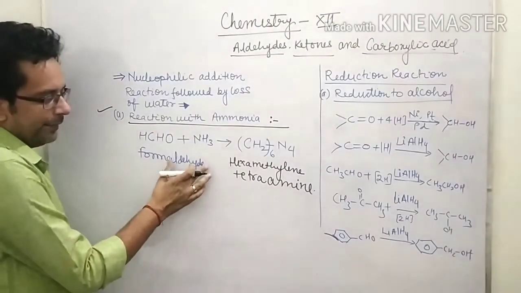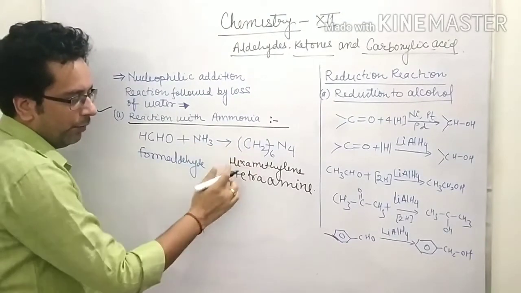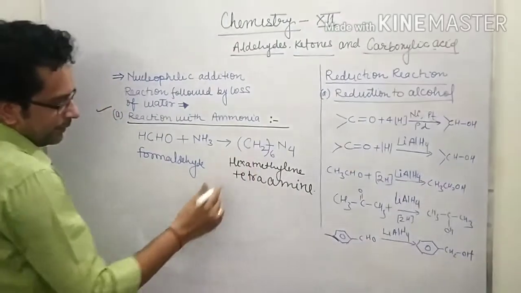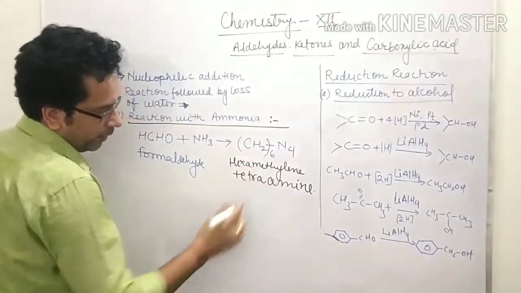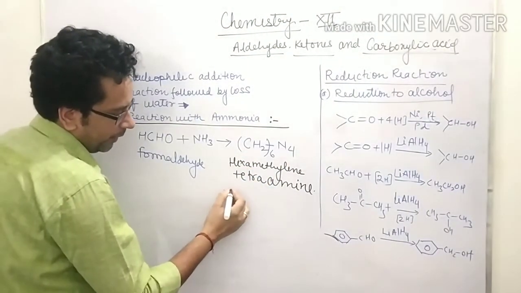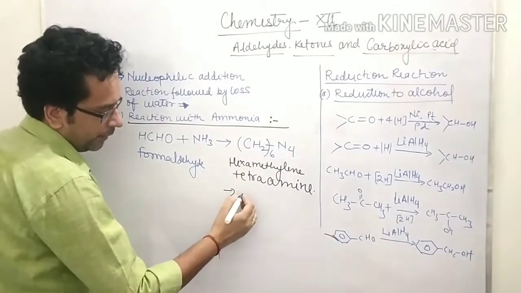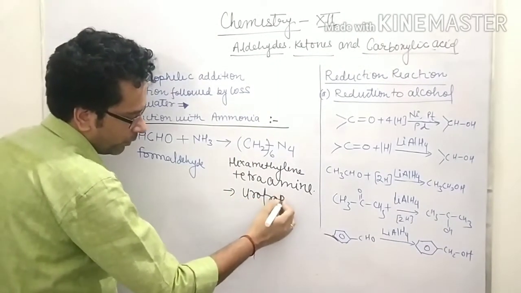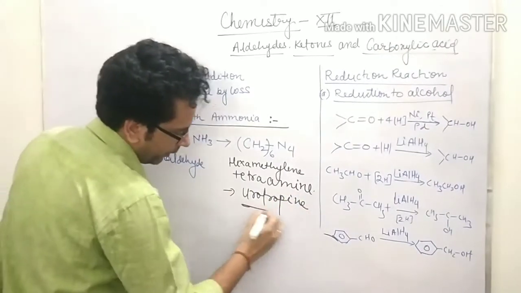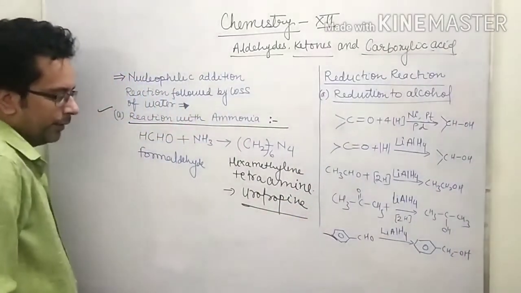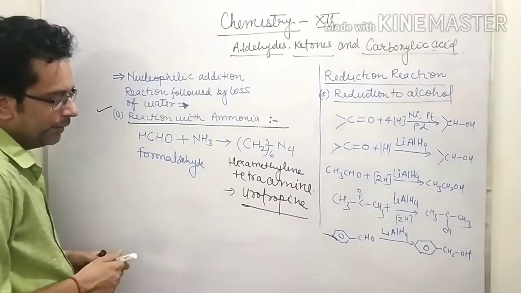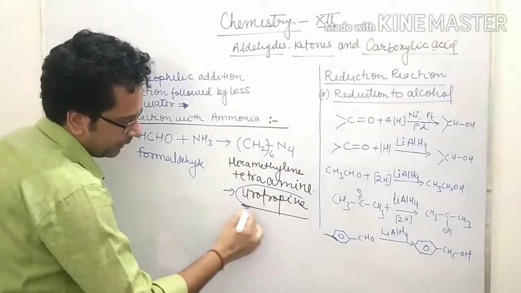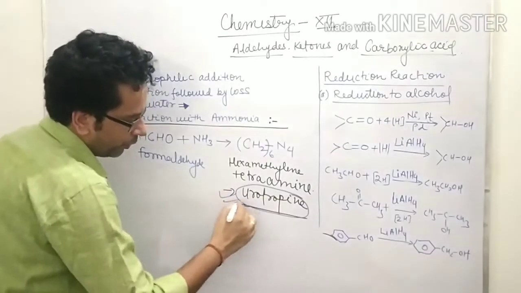So formaldehyde reacts with ammonia to form hexamethylenetetramine, which is also known as urotropine.